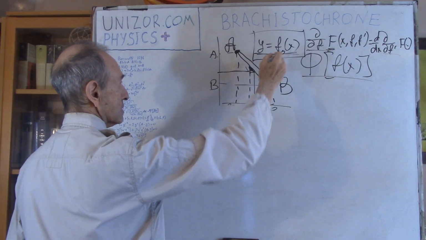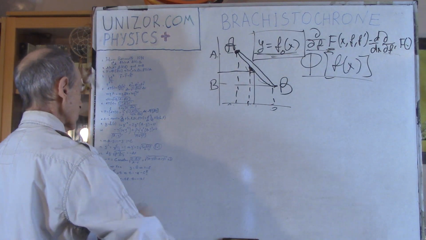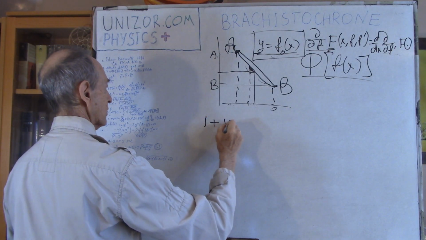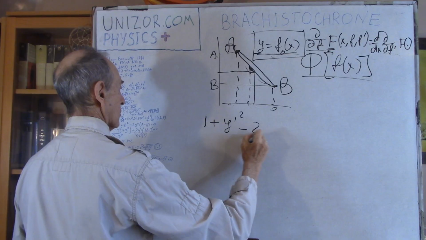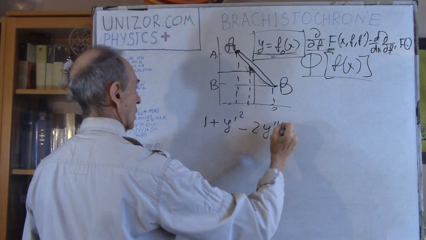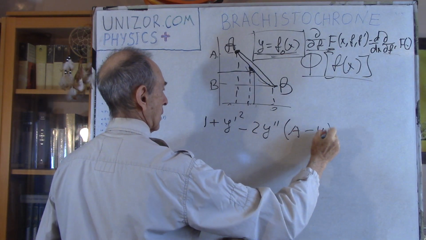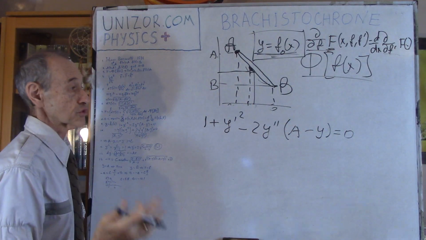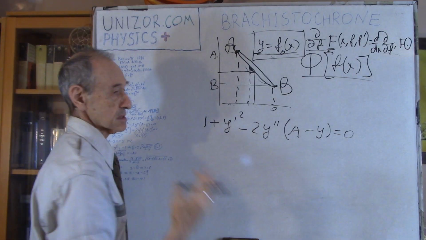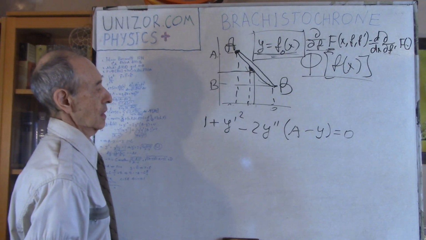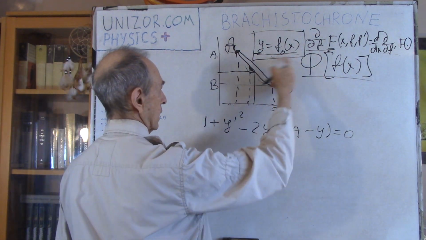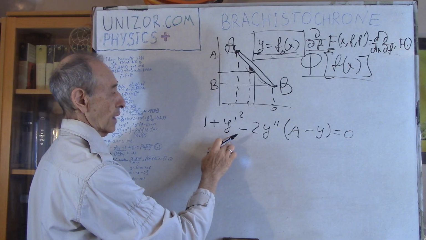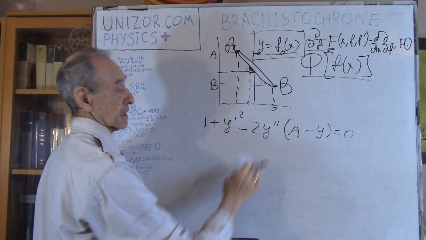Then this function y is supposed to satisfy the following equation. After all the simplification, it's much simpler than you think. So y is this f0 of x, the solution of this is the trajectory. So this is the derivative by x, and this is the second derivative by x.